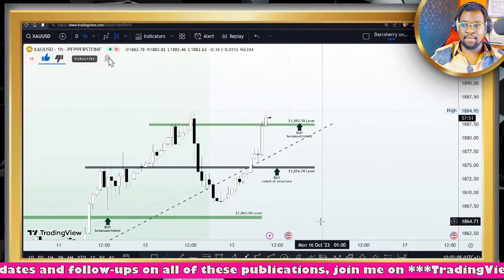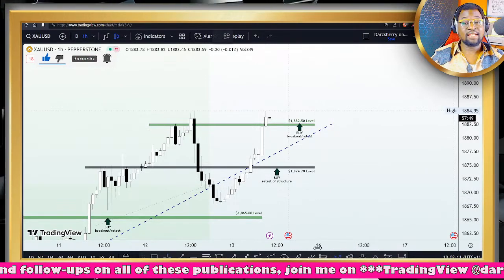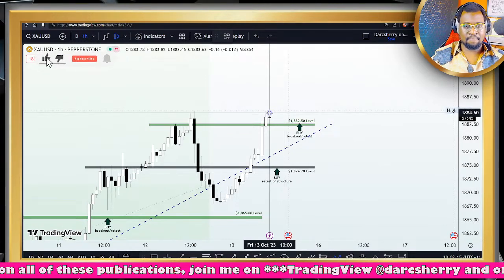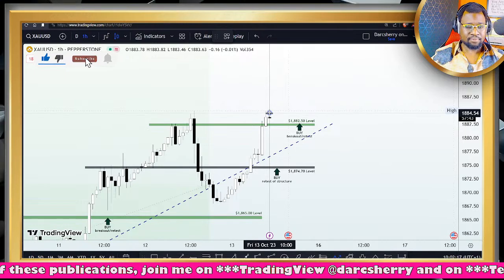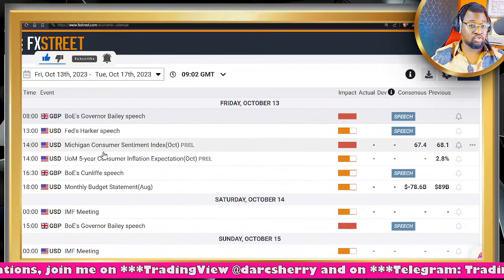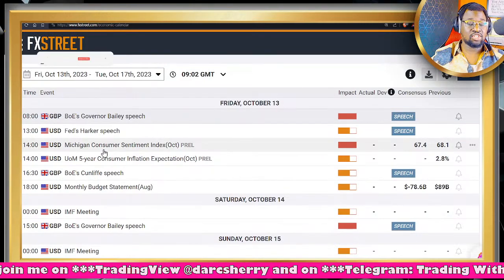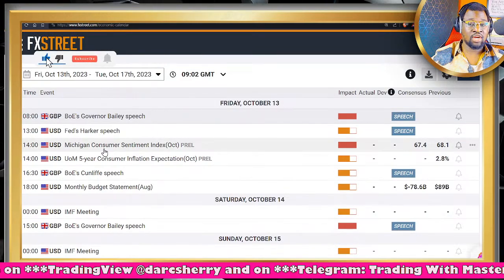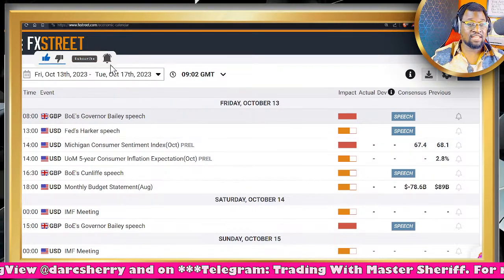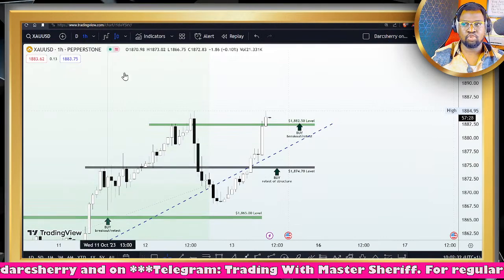Now, one of the things I'm looking out for here today is some retracement into structure, maybe in anticipation of the events coming up today. Remember, we talked about looking forward to the consumer sentiment index, which is also an inflationary gauge of the US economy, and the anticipation of this event could bring some retracement into structure.